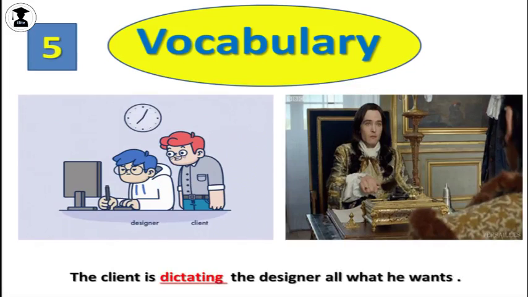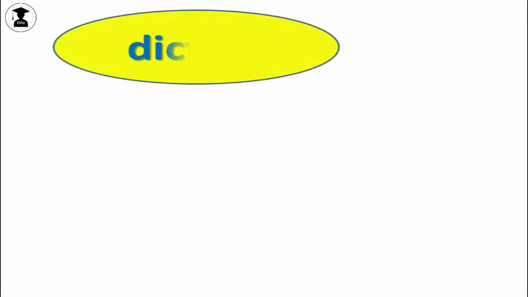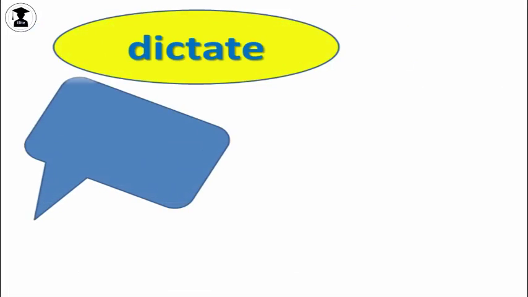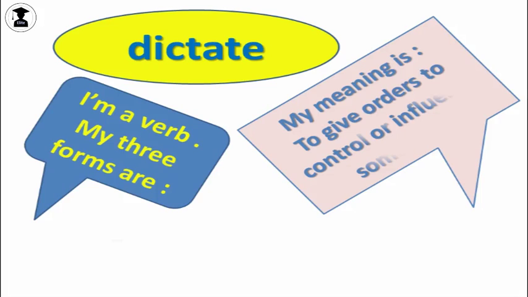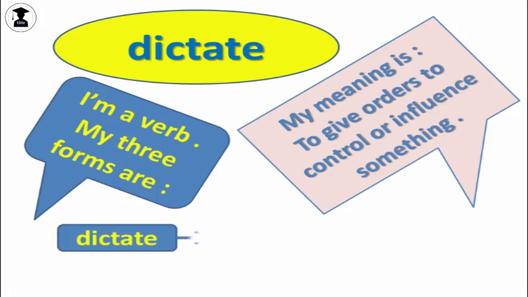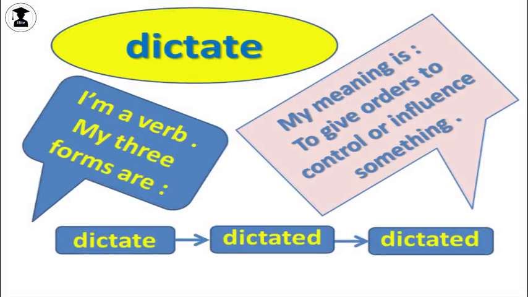So please guess the meaning. As you know, dictate is a verb. Dictate, dictated, dictated. And the meaning of the verb dictate is to give orders to control or influence something.